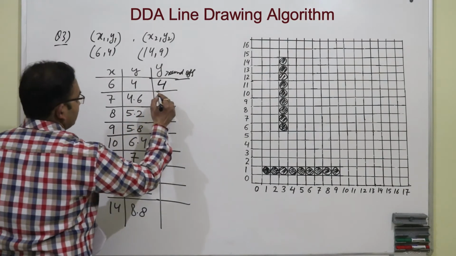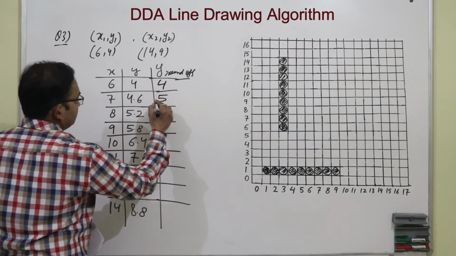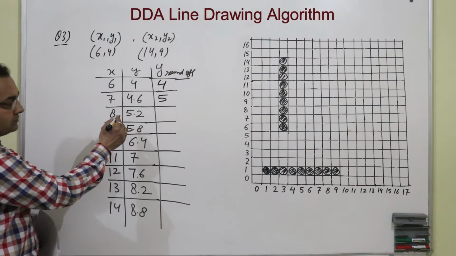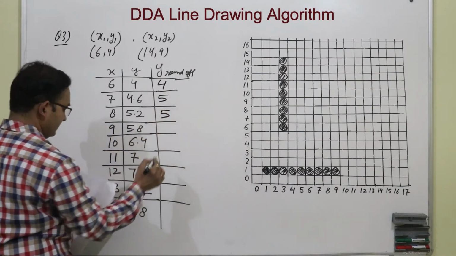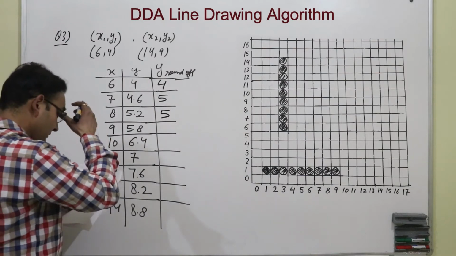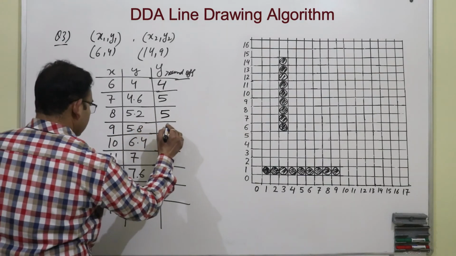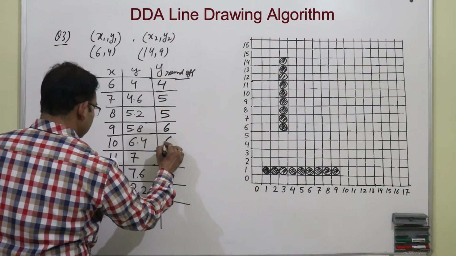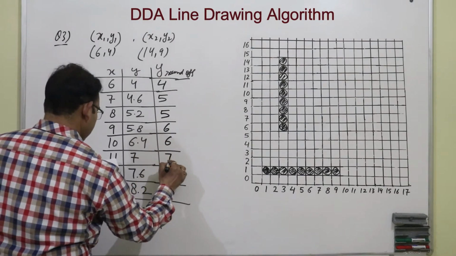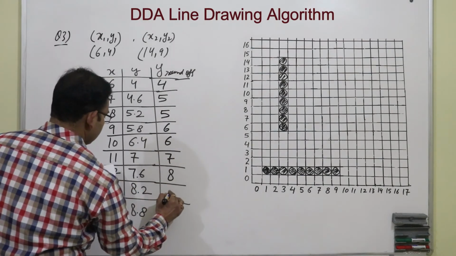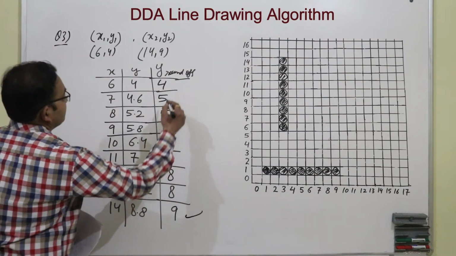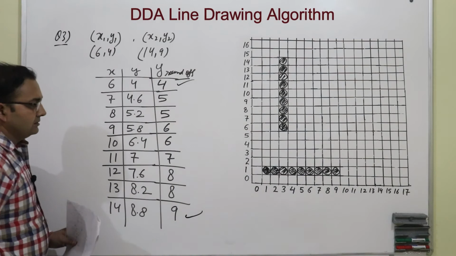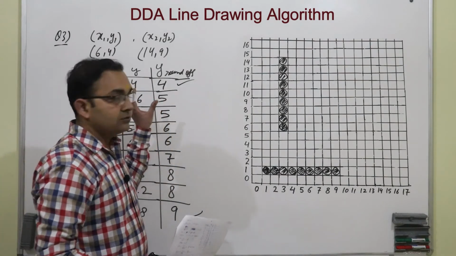So after round off it will be 5. It is 5.2. It will be 5 and then 6, 6, 7, 8, 8, 9. These are the last coordinates, these are the initial coordinates. Now we will locate these coordinates here.